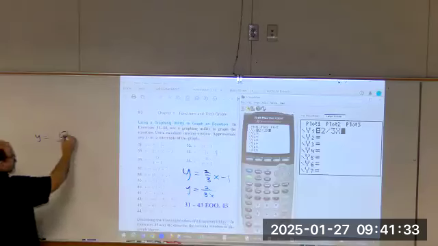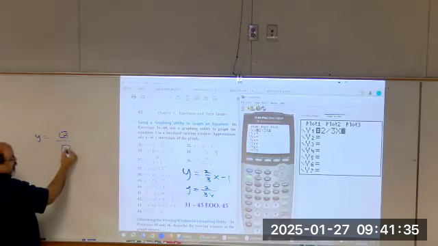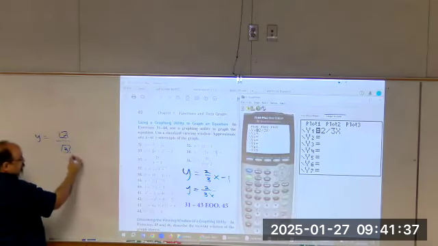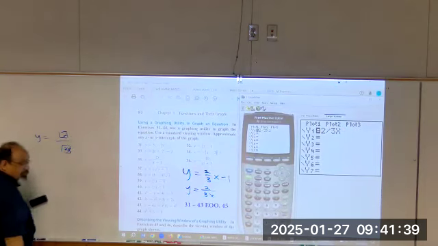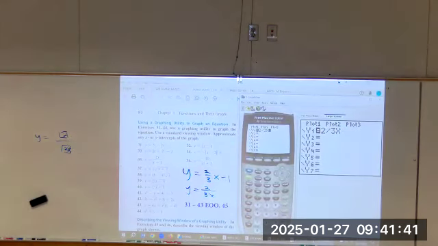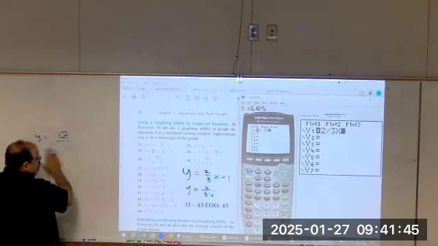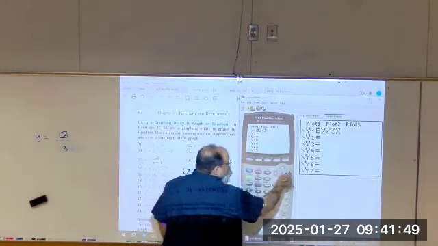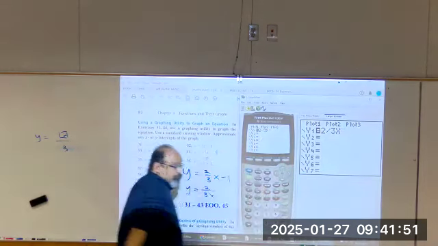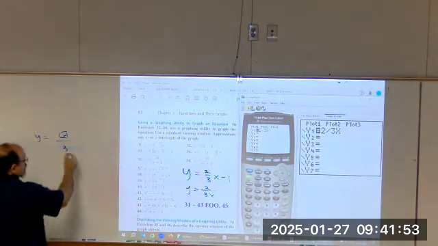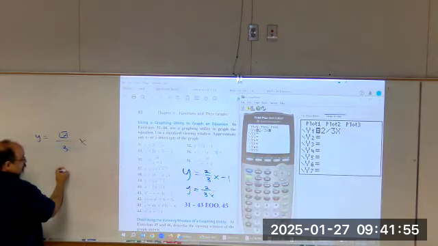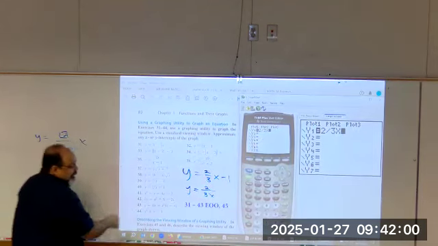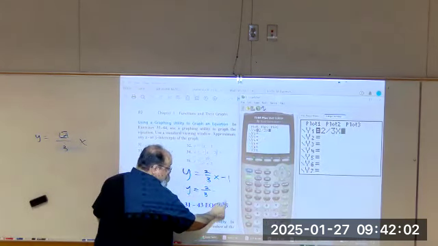So you type in the 2, and you're not paying attention, so you type in the 3, and you hit X. It'll put the X down there because that's the next place it's going to type in. What you have to do is use the arrow keys and make sure you're out from underneath the denominator, so you can put the X next to it. It's 2/3 times X, because that's a different picture.